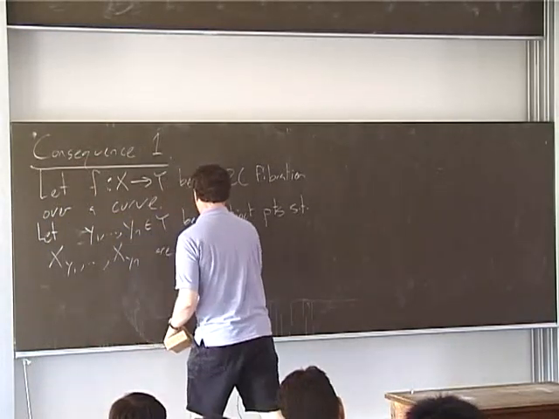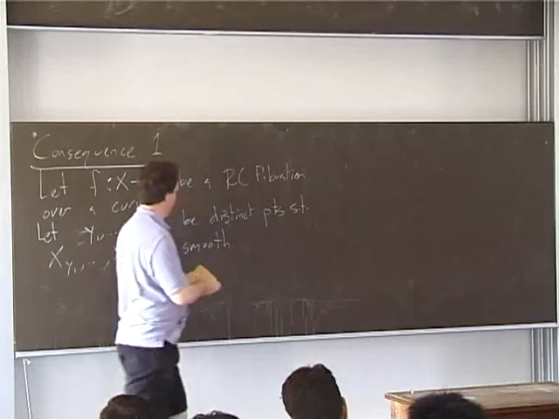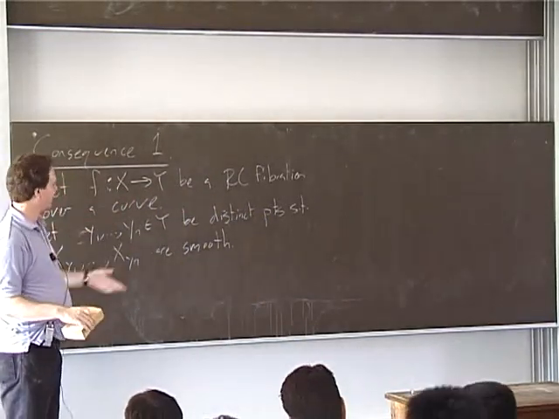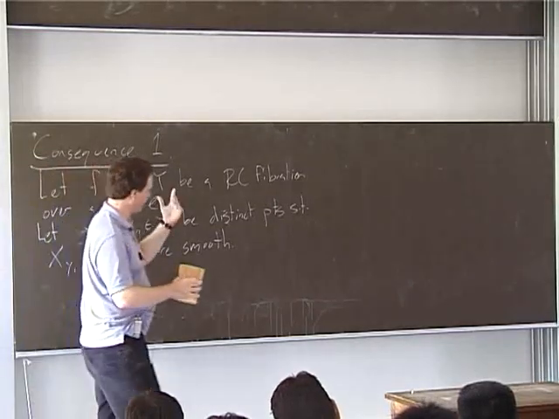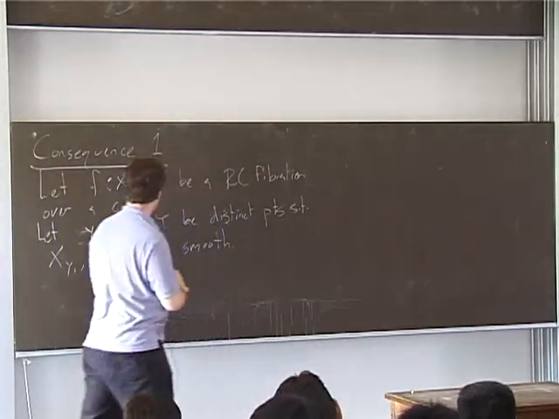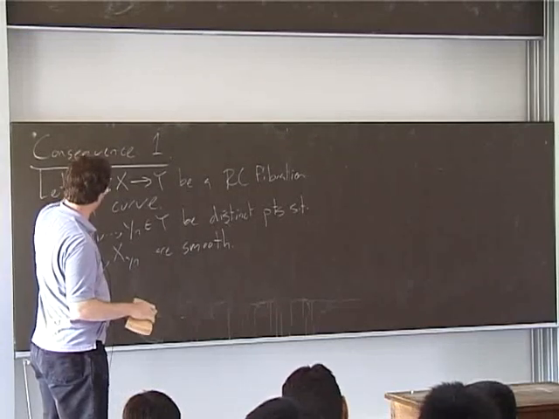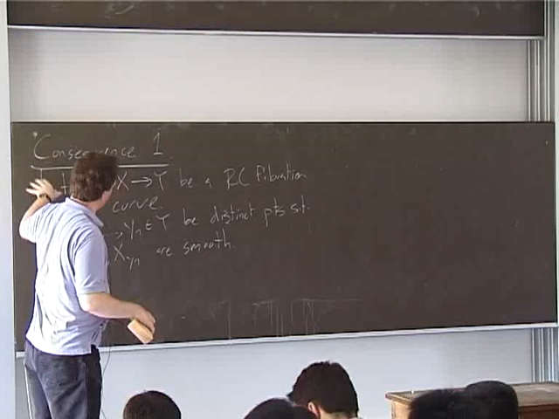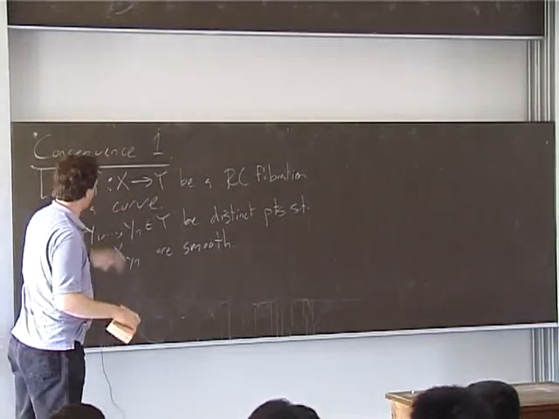Not every fiber will be smooth. You wouldn't expect that. If you have a family of elliptic curves, then they specialize. They can become nodal plane cubics, and there's the Kodaira classification of the types of singularities those specializations could have. So you expect some of the fibers will be singular, but the generic smoothness theorem tells you that the general fiber will be smooth.